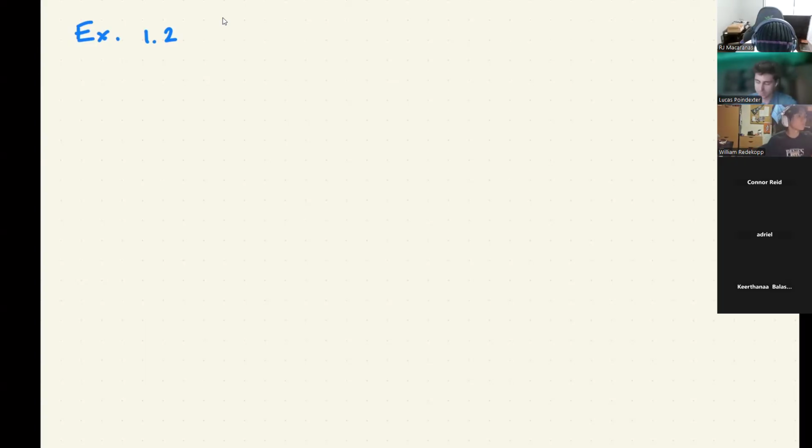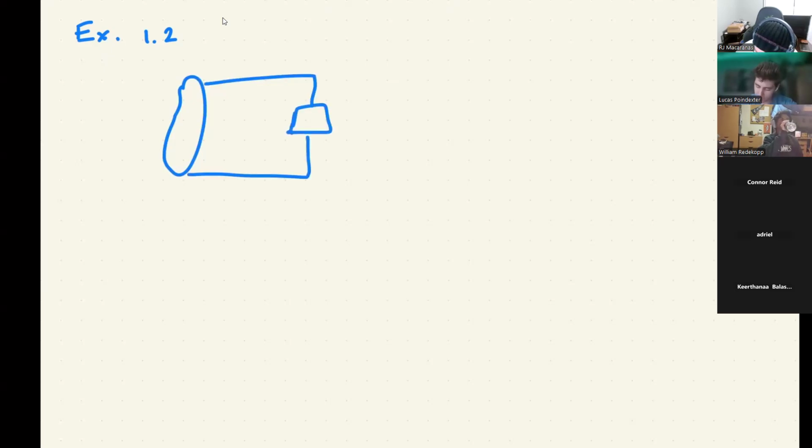So example 1.2, we're looking at this really strange circuit where we have 4 amps and some amount of voltage, and we're asked to determine whether the element is absorbing or supplying power and how much.